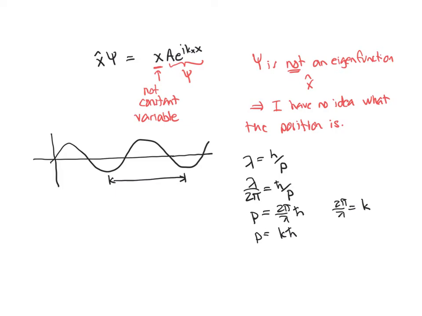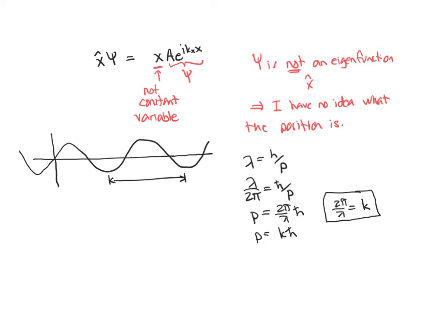And so this k that I defined tells me about the wavelength of my matter wave, of my wave function. And I know that exactly because this plane wave, e to the i kx times x, just looks like this function here, and it has a known wavelength. I know exactly what that wavelength is because I know exactly what my k value is. However, if I try to decide where that wave is, it can be anywhere.